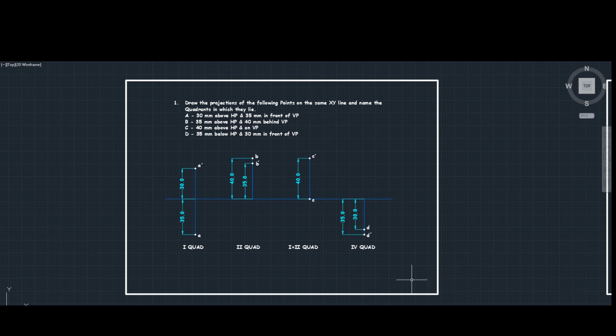Write it out neatly, because all these sheets are to be submitted once you come to the university. Till then, online your sheets will be submitted, evaluated and graded. But remember that once you come to the university, you have to submit the sheets, and there are 6 chapters: projection of points, projection of lines, projection of planes, projection of solids, development of surfaces, and isometric projection.